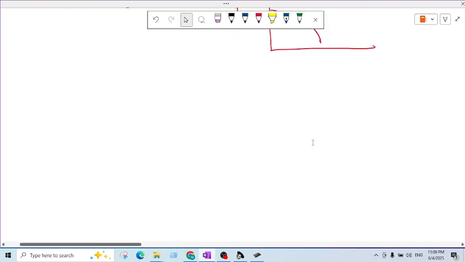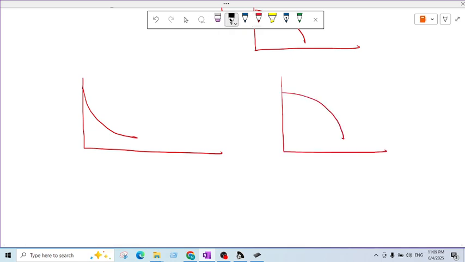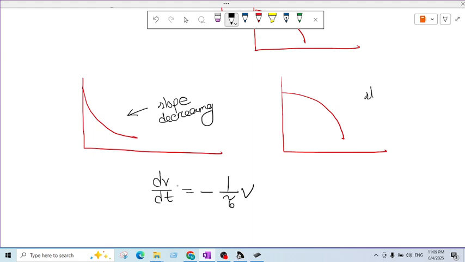Clearly not. Let's draw two graphs here. One looks like this and another looks like this. Now my question is, observing this equation, which graph represents this equation? Clearly the first graph. Why? By observing this equation, you will understand that the slope for the first graph is decreasing, right? But for the second graph, the magnitude of slope is increasing.